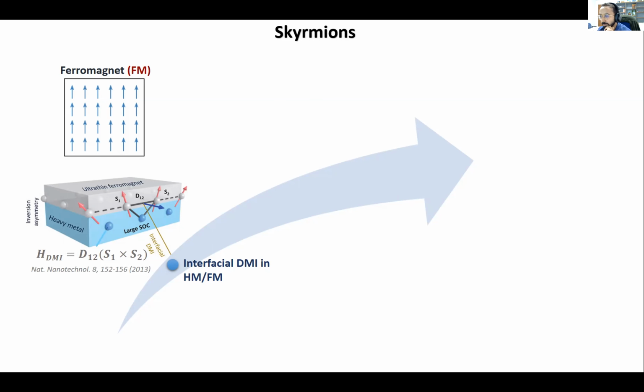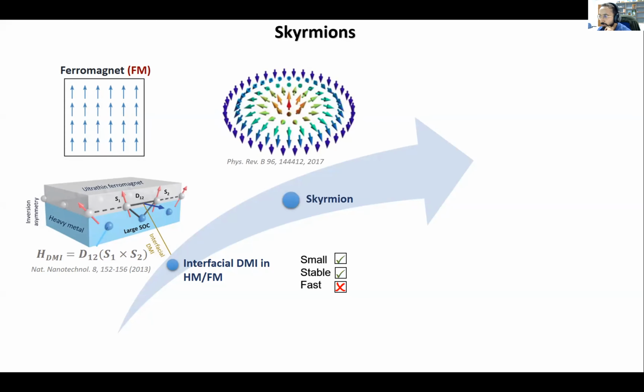They're stabilized by the DMI interaction. This schematic shows how the magnetization in a skyrmion looks, where the magnetization switches from up to down, but in a swirling manner.